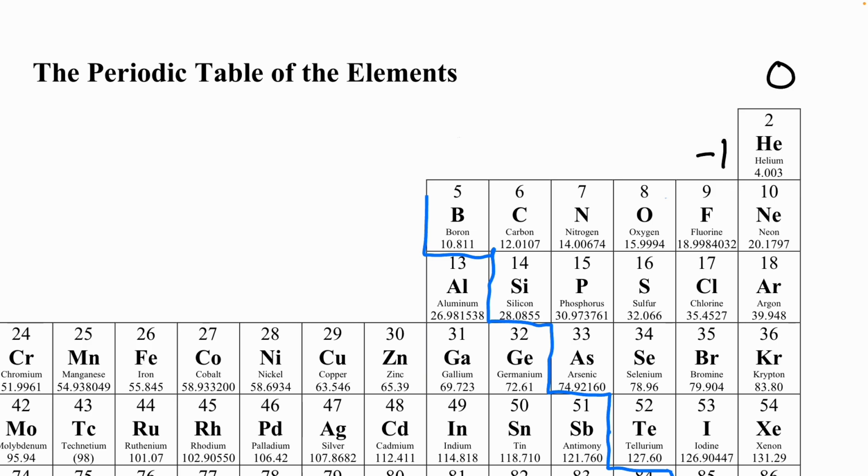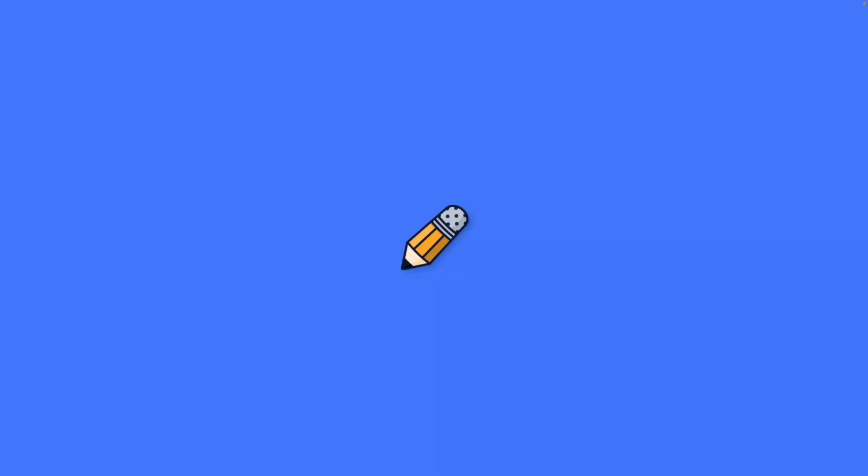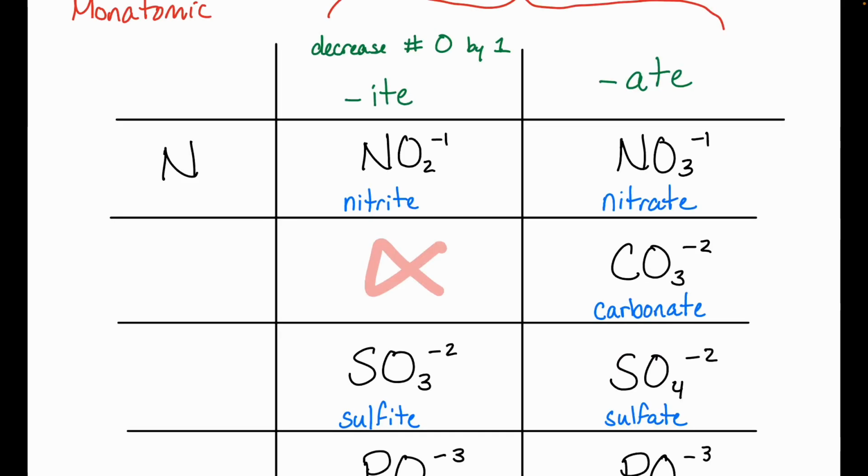The halogens, -1. Oxygen's column, the chalcogens, -2. And nitrogen's column, -3, right? So we learned just by looking at the periodic table, we can figure out these charges. And so if I have nitrogen all by itself, what is the name of that ion? Nitride.